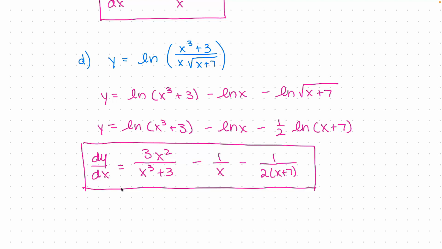But then 1 over the argument times the derivative of the argument. Thank goodness for those properties of logs, huh? This is one of the big reasons why we have those properties. Any questions there? So really nice when you can expand, right?